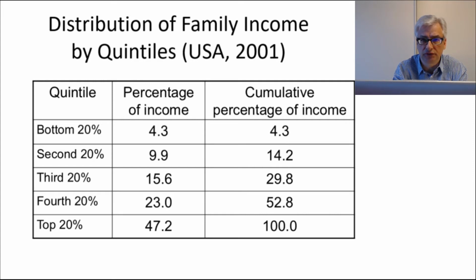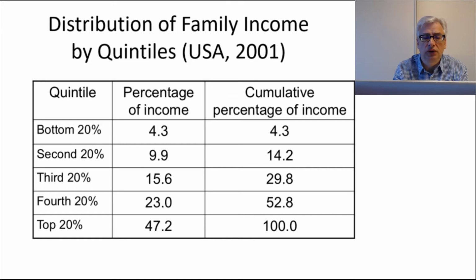There are 20% of them, but their income is relatively low. As you can see, the top 20% represents nearly half of the whole income. So the same number of households, in the bottom 20% and in the top 20%, actually differs in the share they represent by more than 10 times in fact.